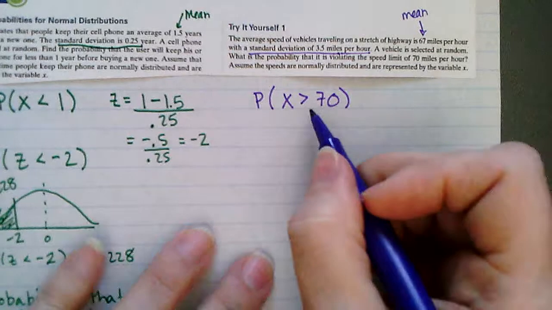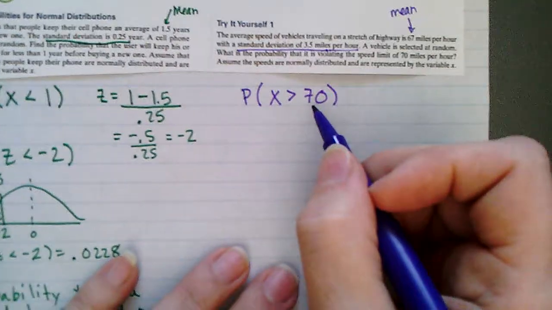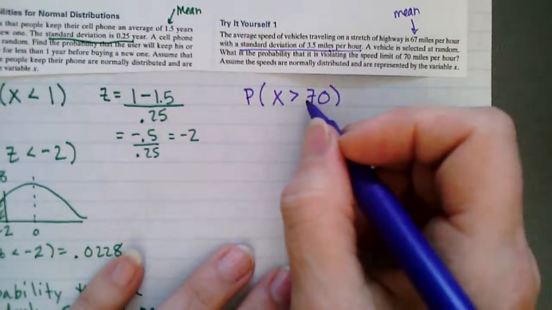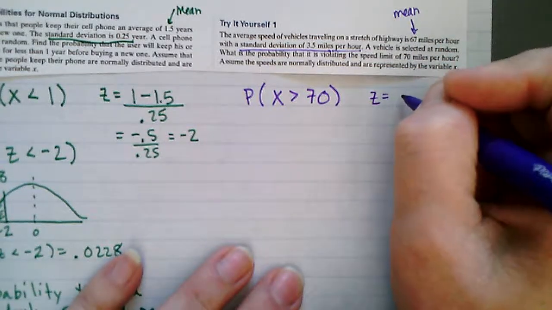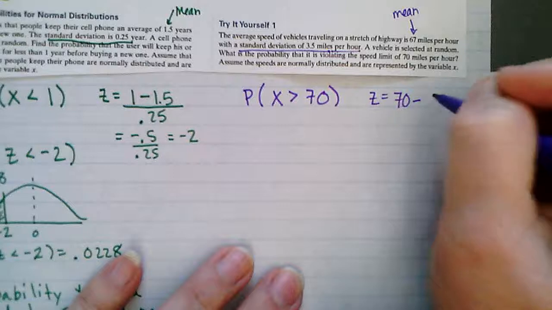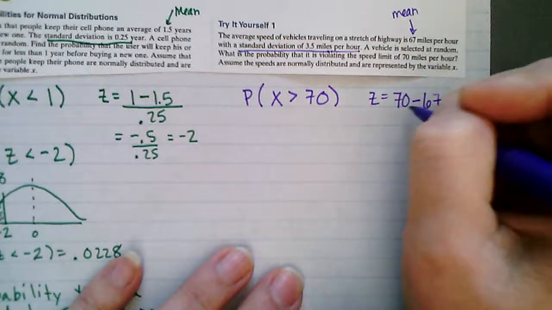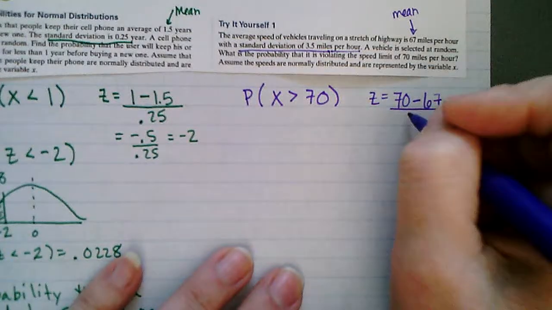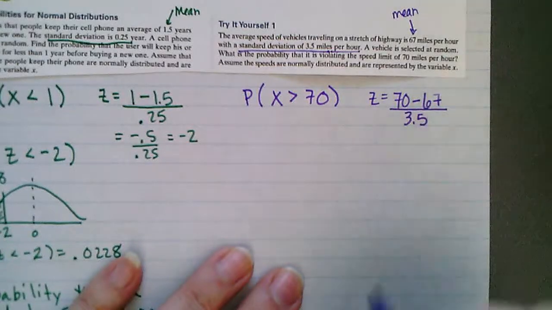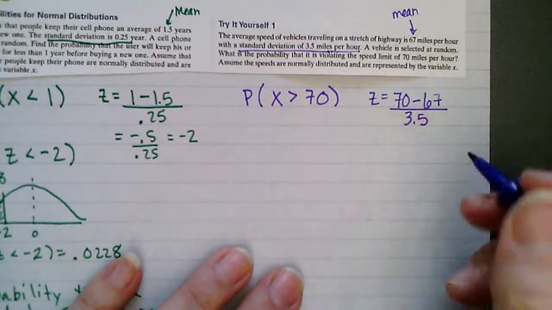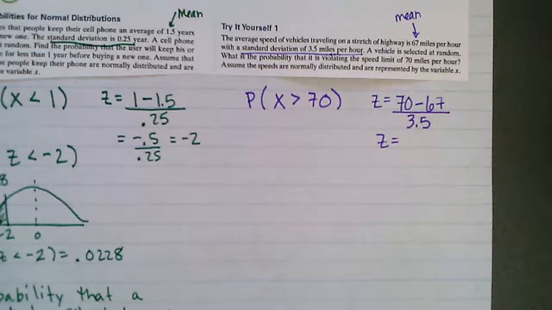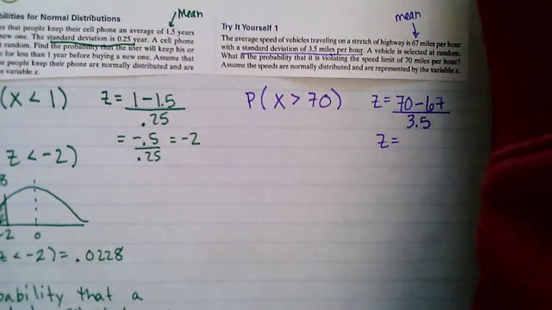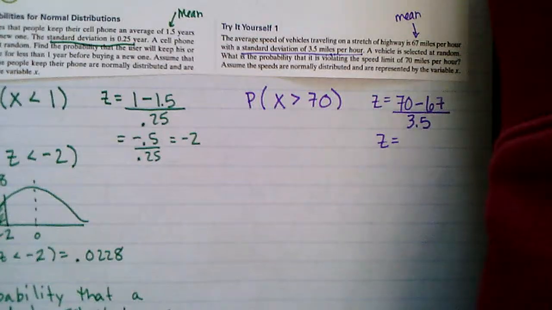So I want to know the probability that my speed is greater than 70, but I need to convert that speed into a z-score. So my z-score will be the data value of 70 minus the mean of 67 divided by the standard deviation of 3.5. So when I work that out, I'm going to have to go locate my calculator. Hang on one second.